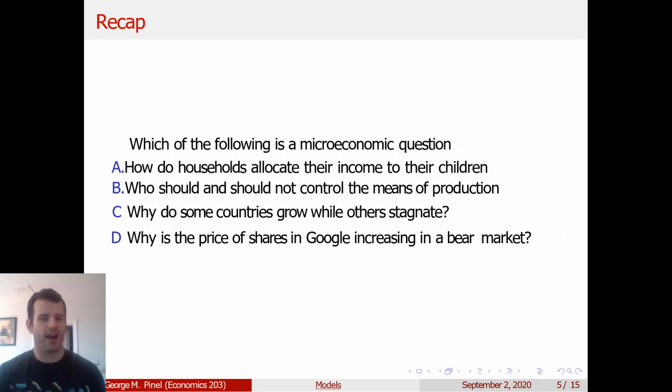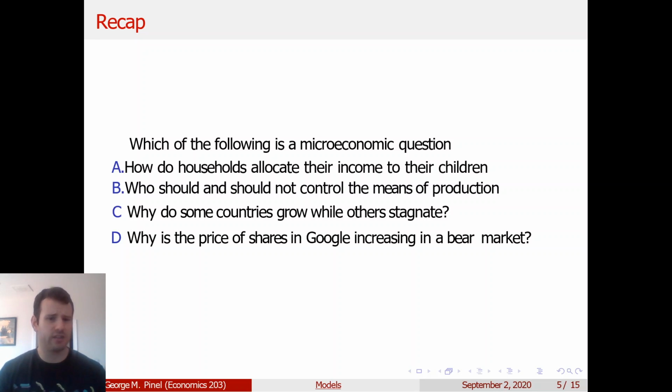So I'd say if I were to make my call, A would be the best guess. How do households allocate their income to their children? You're looking at households, which is the key indicator that you're dealing with a micro question. You can have one budget constraint. You don't have to aggregate it or do anything fancy with it. And then one variable, how do they allocate their income?